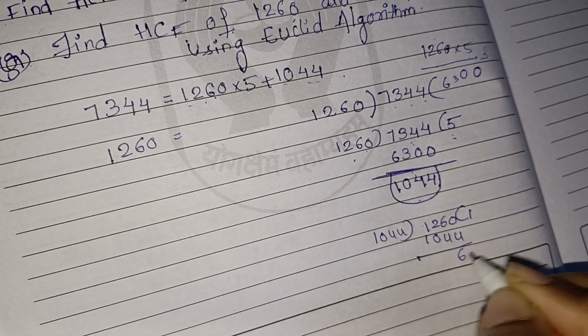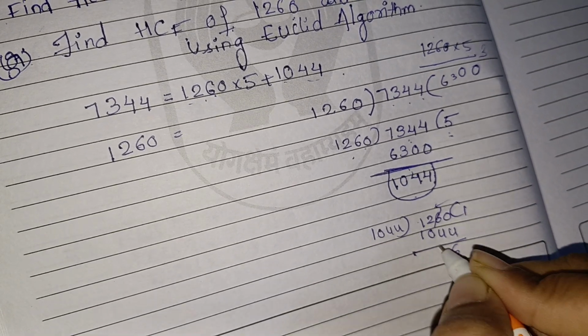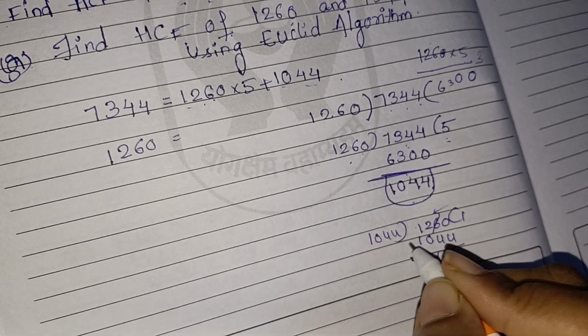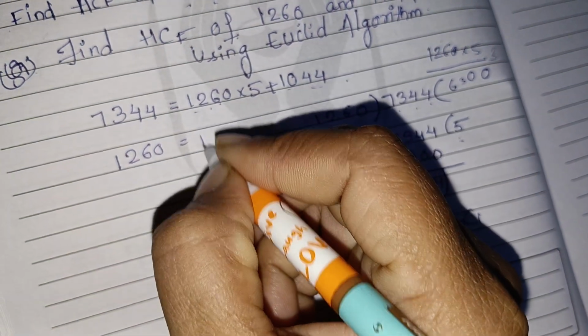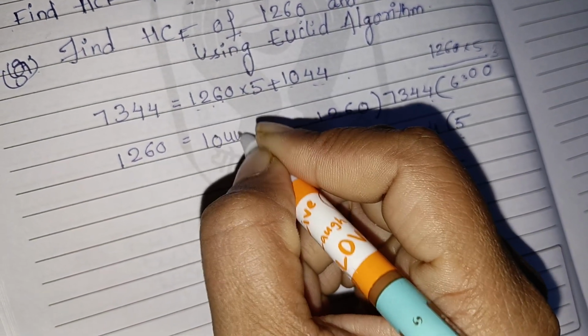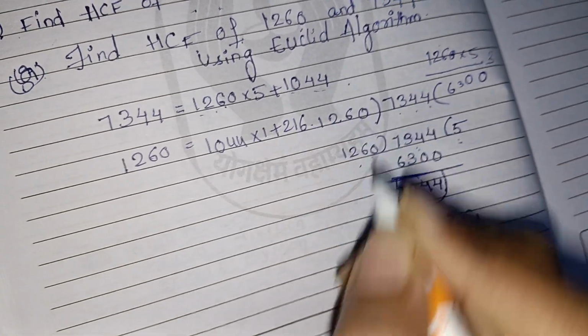The remainder is 216, right? So 1260 equals 1044 into 1 plus 216.